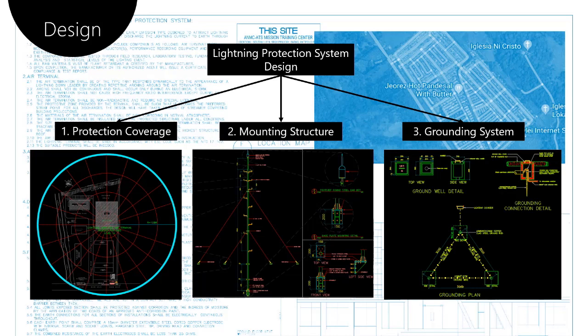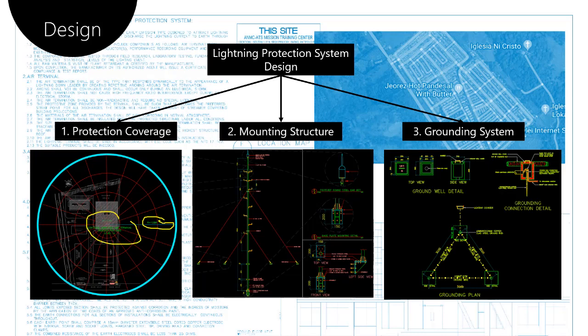For the protection coverage, this is where we define the protection radius depending on the air terminal and its corresponding risk strike. If you notice, they have a radius and the protection level written on the layout, here, this part. I'm going to use yellow for this part and this part.